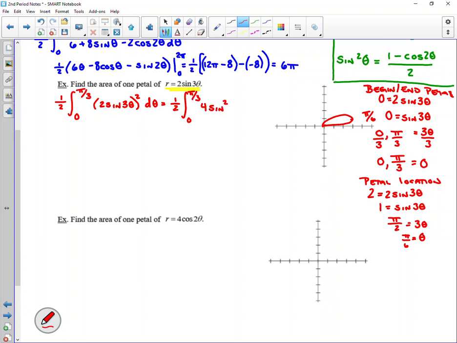How is the AP exam? So, polars. Yeah. They'll definitely have a couple multiple choice questions on polars. And then it alternates. They'll either give you a polars or a parametric free response on the AP exam. It's one or the other. So last year they gave a parametrics, so I'm thinking this year they'll give you a polars.